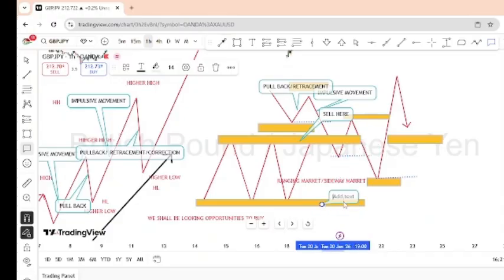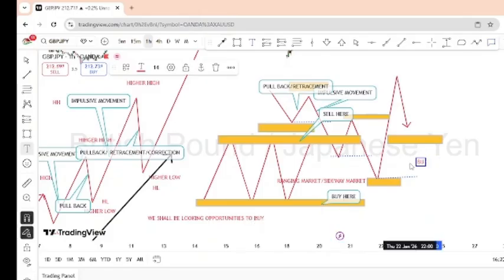You buy here. So the rule here is: buy at support, sell at resistance.